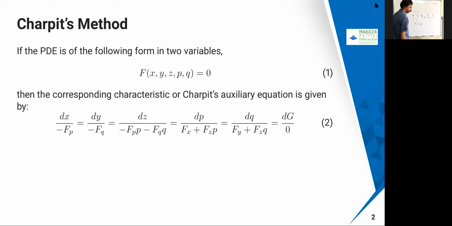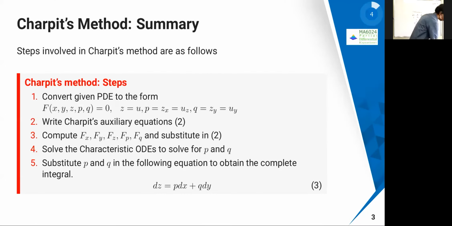So this is the general idea which we have seen earlier for Charpitz method. You convert the PDE into the form f of x comma y comma z comma p comma q equal to 0, and then write the Charpitz auxiliary equation, which is nothing but this one, and compute the corresponding values of fp, fq, fx, fy, fz, etc. and solve this characteristic ODE.